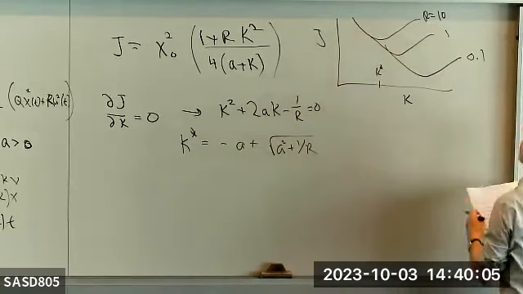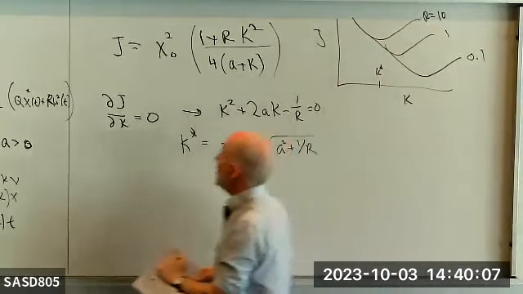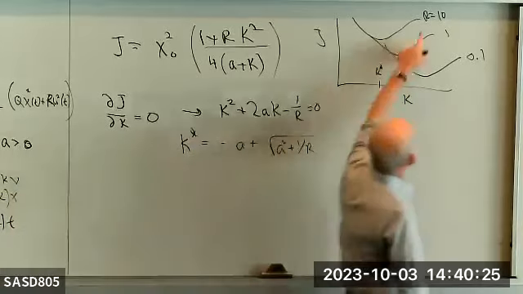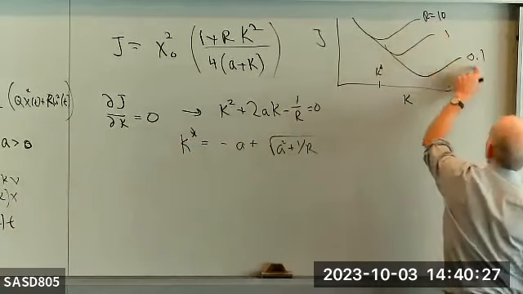One thing you can see immediately is that since this is a scalar and this is a scalar, and we're just looking for minima, we can always pull out a constant, or scale J by q. So I'll set q equal to 1, or just look at the ratio of r over q. Okay, so this is r over q equals 10, 1, and 0.1.